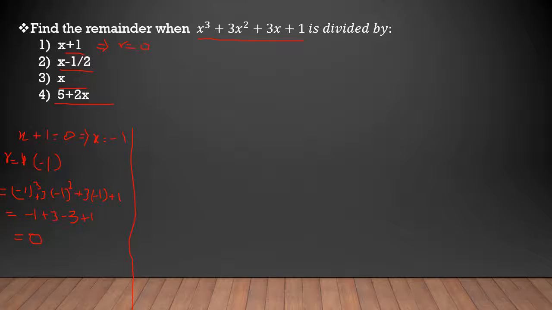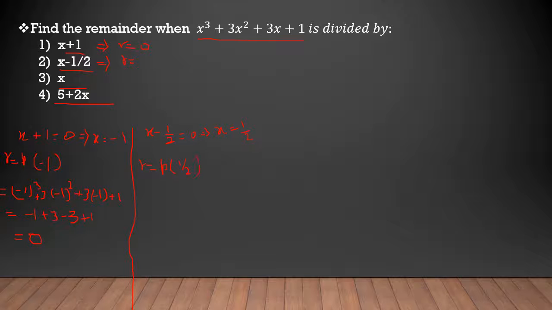Now we have to solve this question. We have to find the remainder. Again we do the same work: x minus 1 by 2 equal to 0. So from here we get the value x equal to 1 by 2. Now for finding the remainder, we simply find p(1 by 2).